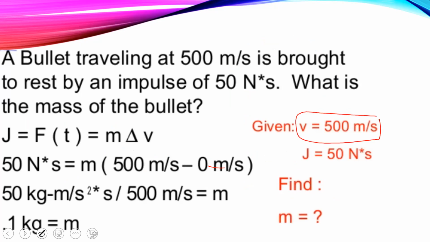Some of the books write them as J, some write I, some keep it as impulse. So J here is 50 Newton second. I have an impulse and I have a velocity. They asked me to find the mass.